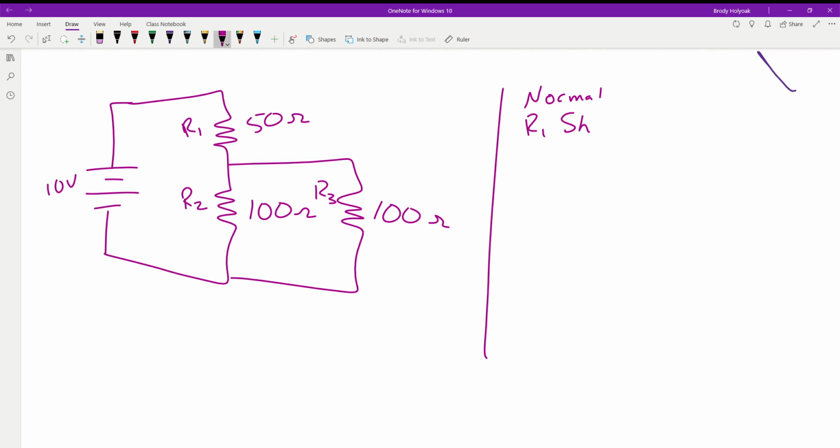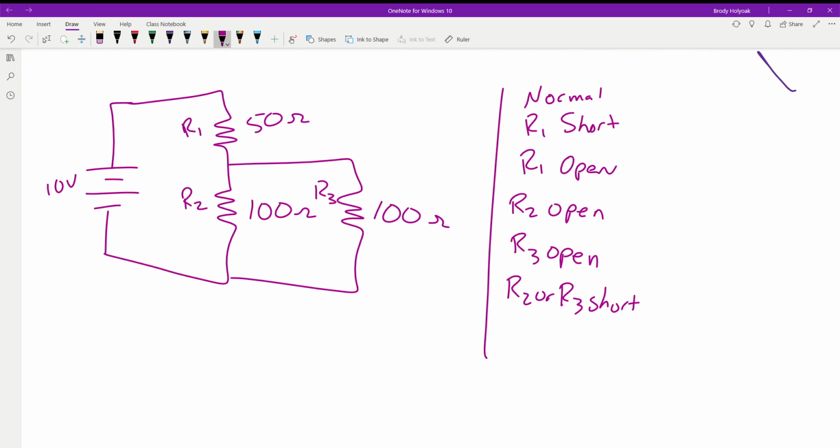R1 short, R1 open, and then we have R2 open, R3 open, and then R2 or R3 short. Because they're going to react differently. In this case, they would be the same because they're the same values.